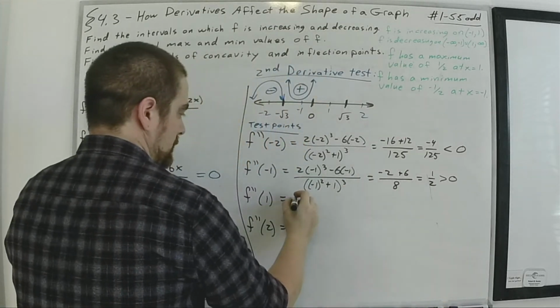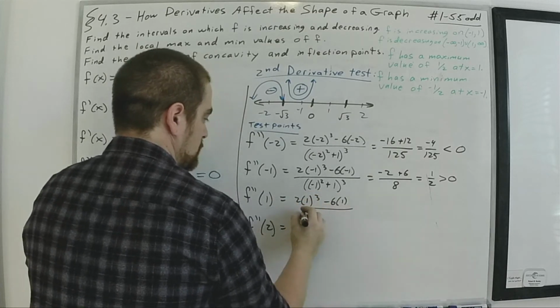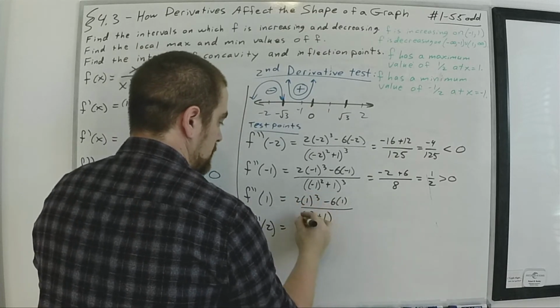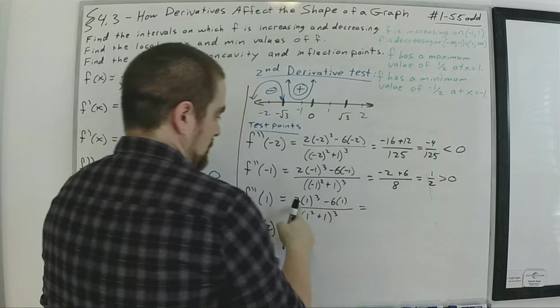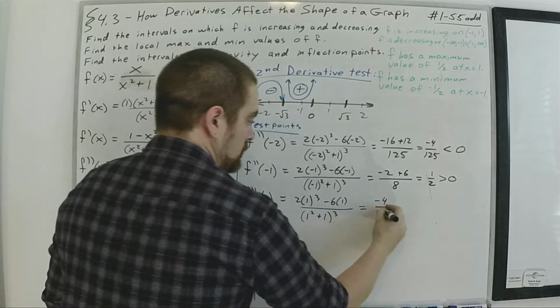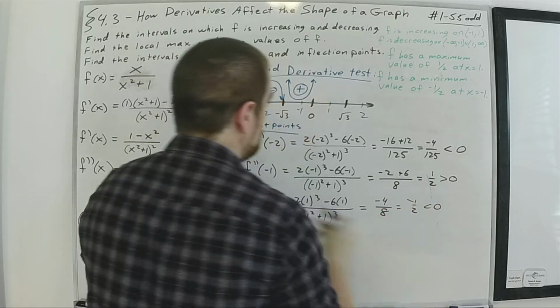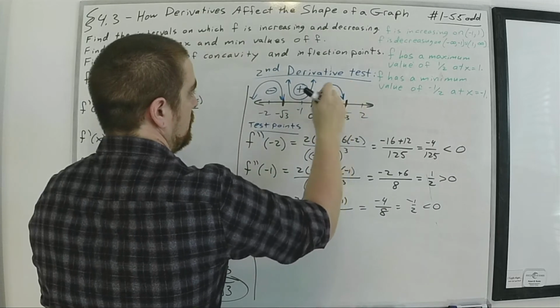Let's keep going. We'll get these out of the way. 2 times 1 cubed minus 6 times 1 over 1 squared plus 1 quantity cubed. That gives me 2 minus 6 is -4 over 2 cubed is 8. There's -1/2. That's negative. Concave down.